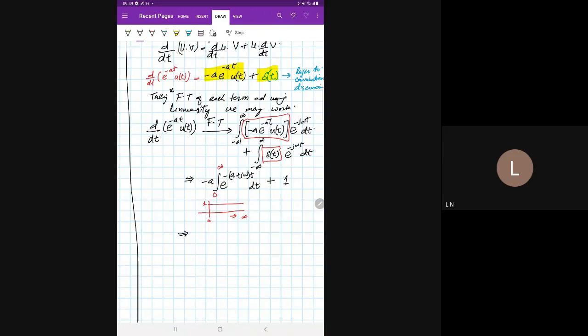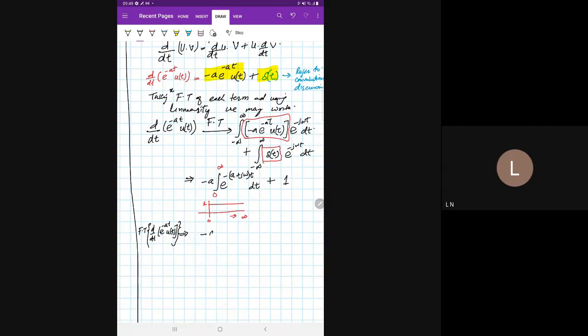That means the Fourier transform of d by dt of e raised to power minus at u of t is equal to, now, the integration from 0 to infinity of e raised to power minus a plus j omega t. The integration of e raised to power at will be equal to e raised to power at divided by a.